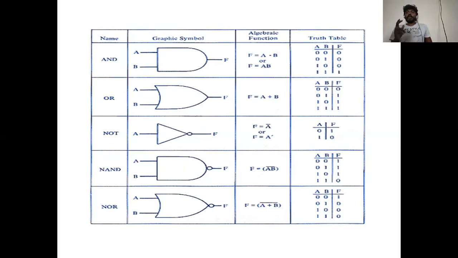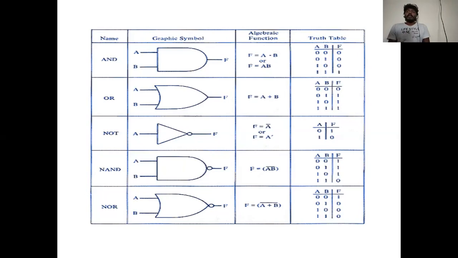Similarly, a two input OR gate, a two input NAND gate, and a two input NOR gate. Here we have a NOT gate, which is different from all other gates. NOT, we call it an inverter. Inverter means if you give a 0 as an input, then you will get a 1 as an output. That is the inverting logic, the inverting function, right?